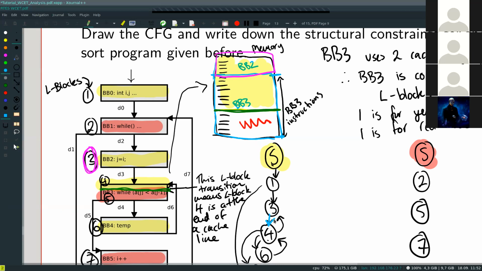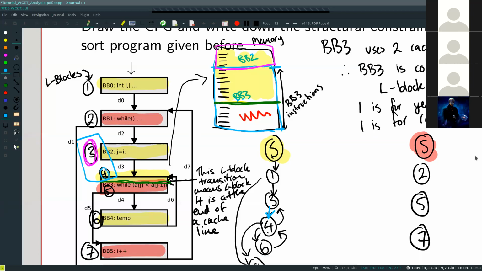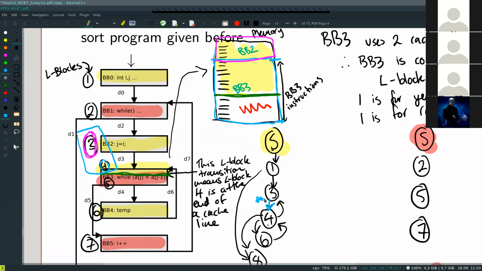Now it's not a confirmed hit, unlike a loop, which is a guaranteed hit. It could be a hit, because it could also be that BB2 is somewhere completely random in memory because the compiler put it somewhere completely different. But it could also potentially be just before the L block 4. These could be in the same memory chunk, potentially. So this is an asterisk hit, pending more investigation.